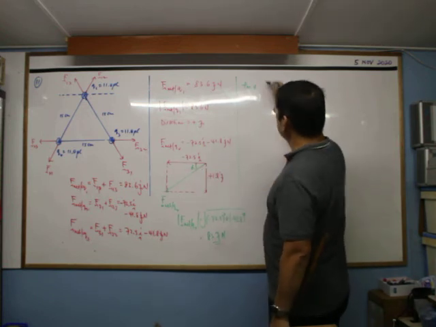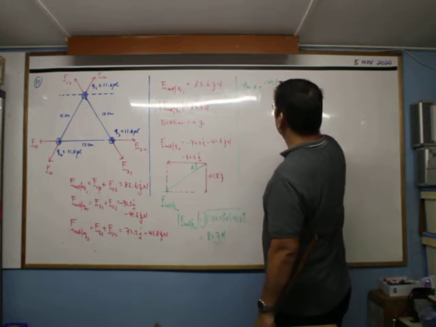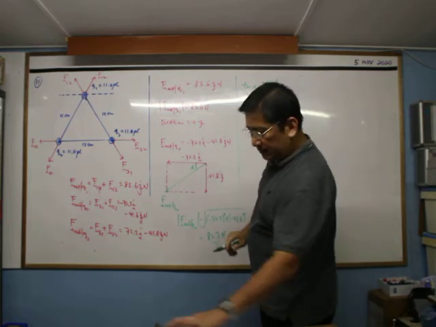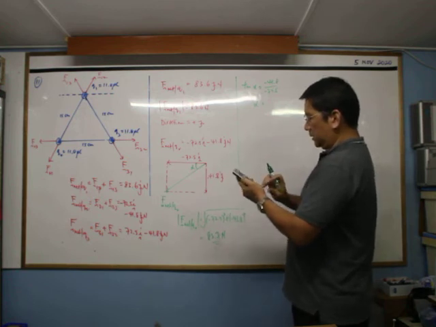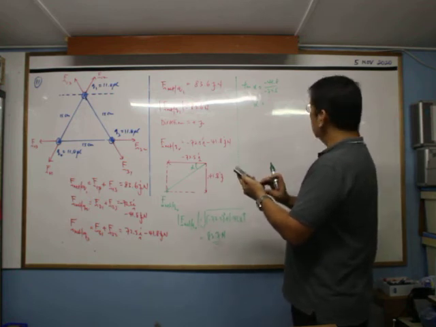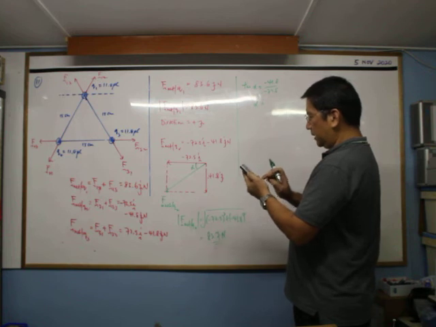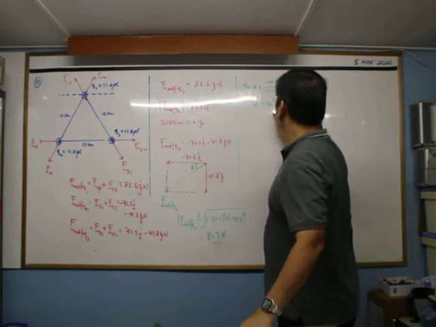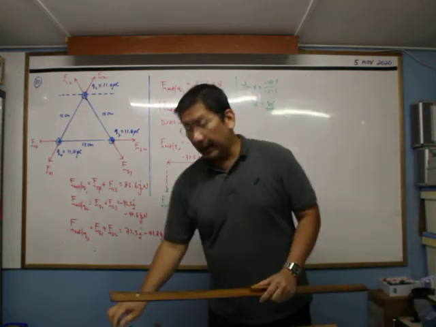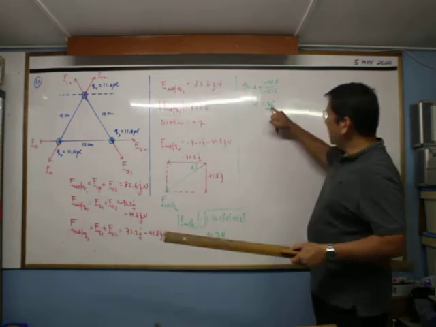Tangent alpha is equal to negative 41.8 divided by negative 72.5. So your alpha is tangent inverse of 41.8 divided by 72.5, which is 30 degrees. So that is magnitude and direction.